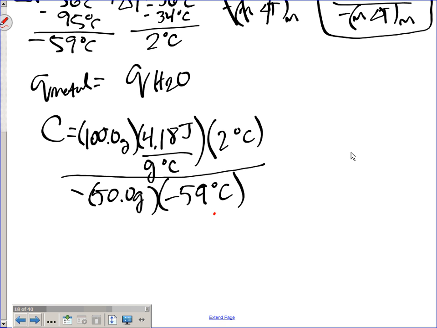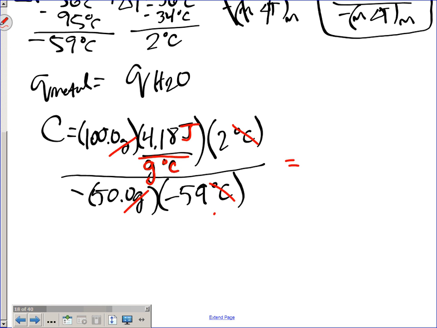Whenever you're plugging your values in, you should realize that the grams on top and bottom will cancel. The Celsius on top and bottom should cancel. What units are remaining? The whole shebang, right? It's joules per gram degree C. So that's going to be our final unit, which makes sense. That's what specific heat should be recorded in.